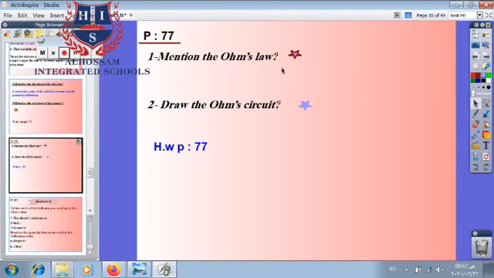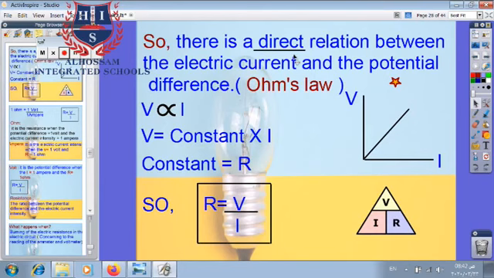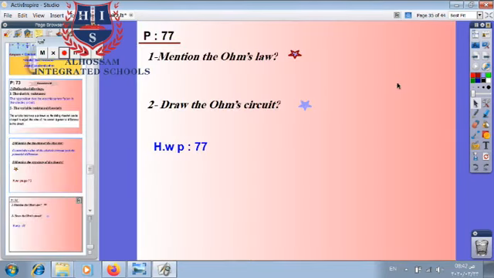Do you remember the structure of the rheostat? This is the structure of the rheostat. You have a homework, page 73.